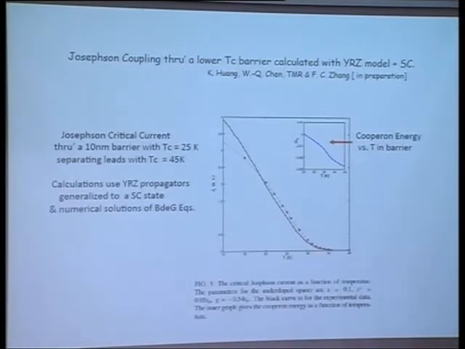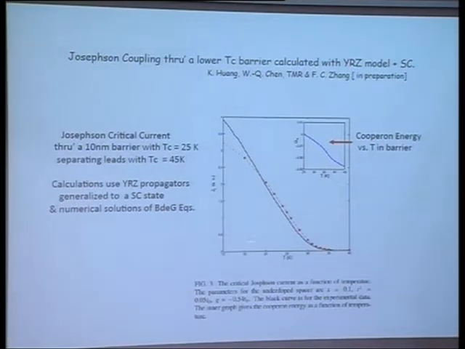And this is a recent, but not yet published work with these people in Hong Kong, Kai Kun Huang, YQ Chen, who are co-workers with Fu Chun Zhang. So here the dots are our calculation, and the line is the experiment.